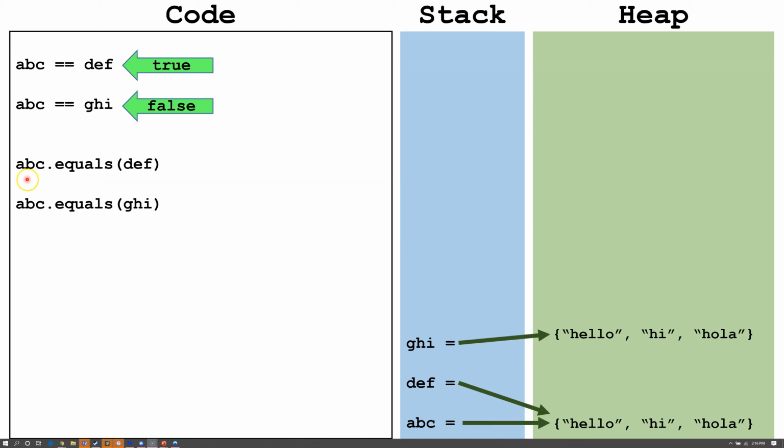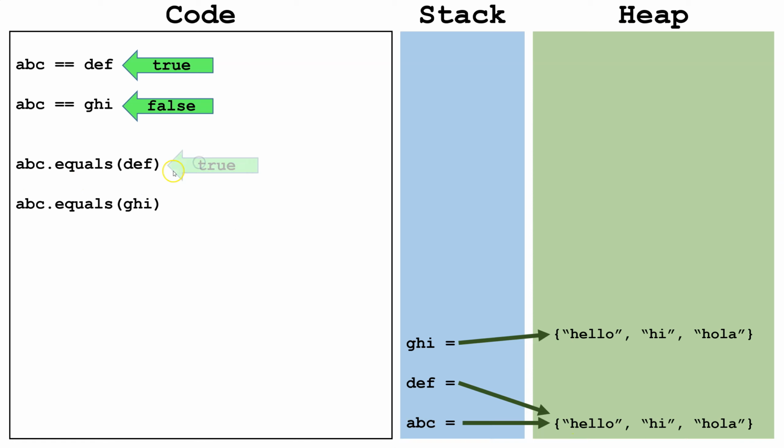So let's look at this one, ABC.equals(DEF). Well, ABC and DEF are pointing at identical array lists, so this will return true. Now ABC.equals(GHI). Well, the array list that ABC is pointing at is identical to the array list that GHI is pointing at, so this will also return true.